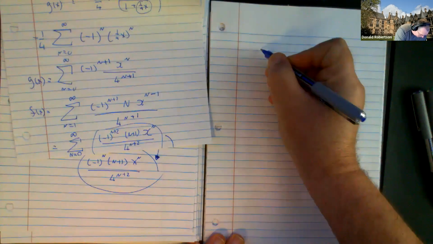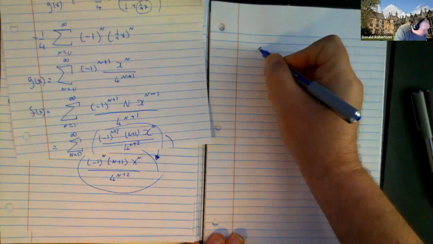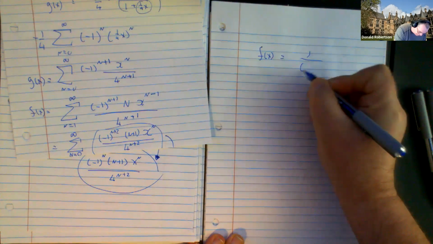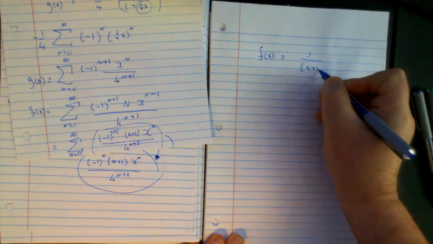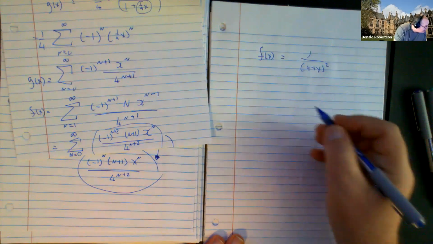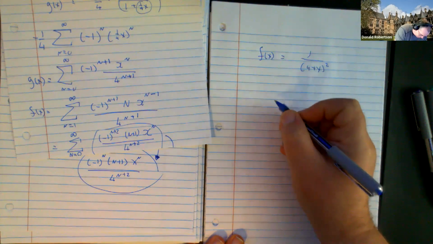Yes, I agree. So you've already got the answer to f of x equals 1/4 plus x squared, right? Yes, you already have that. And we are trying to find the derivative. I wish they would give them different letters, but I'm going to pretend it's called g of x. You're trying to find this guy, right?